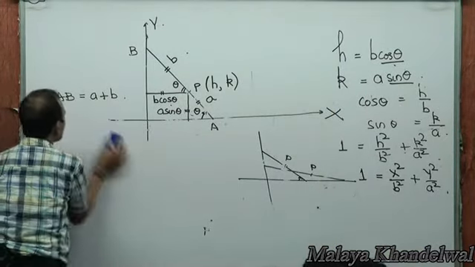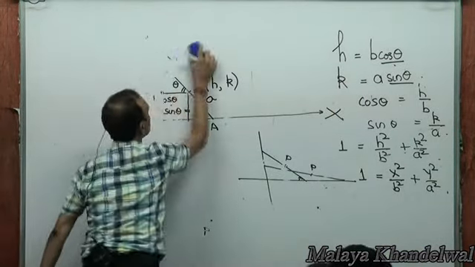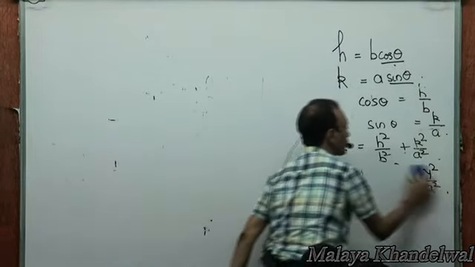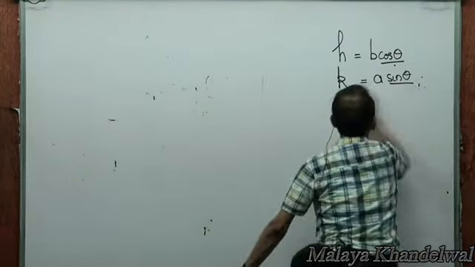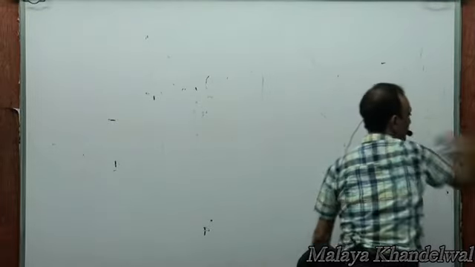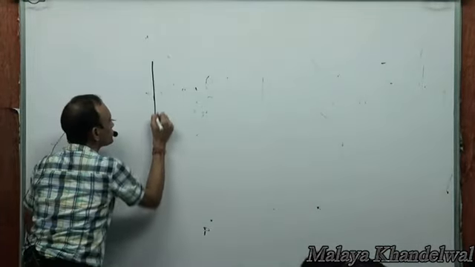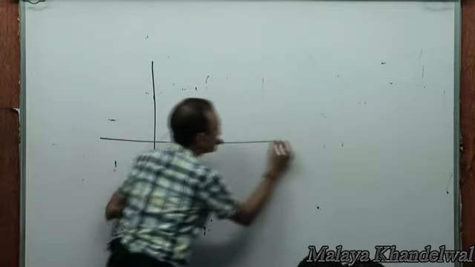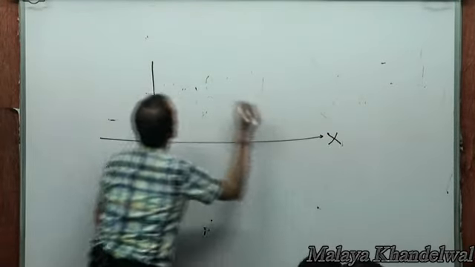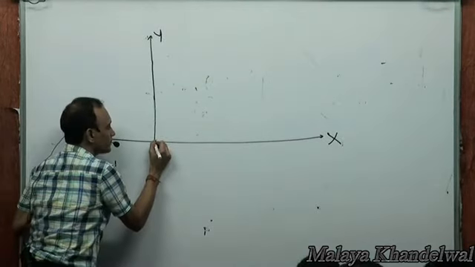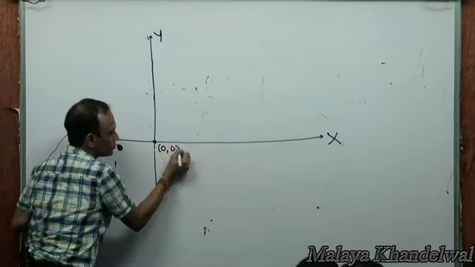I mean, let's say for example, a simpler case. Very simple, just to take you through elementary stuff with simple illustrations. In the xy plane, let's say there is this origin 0, 0.